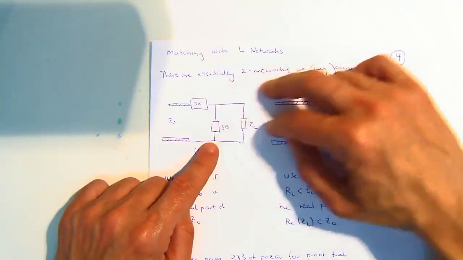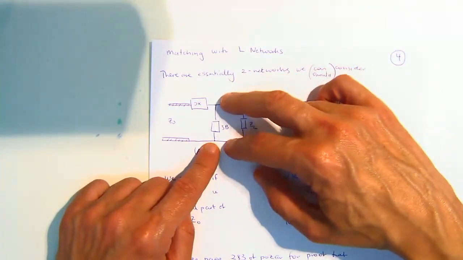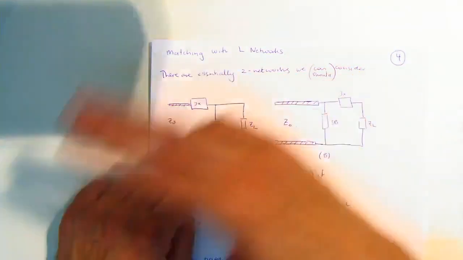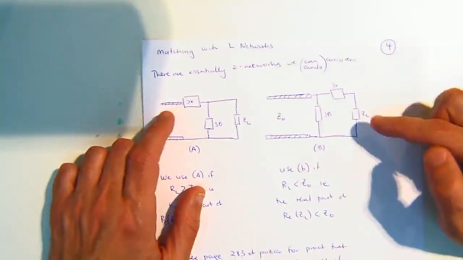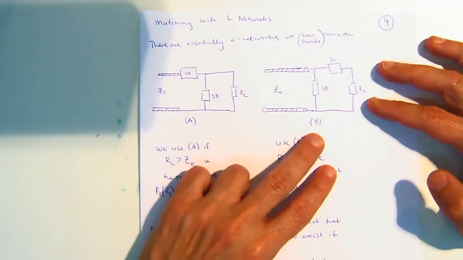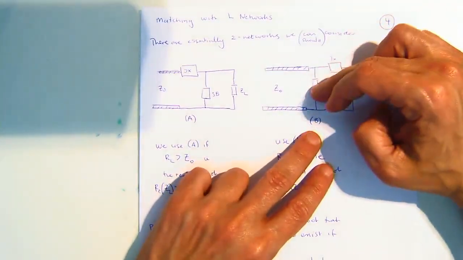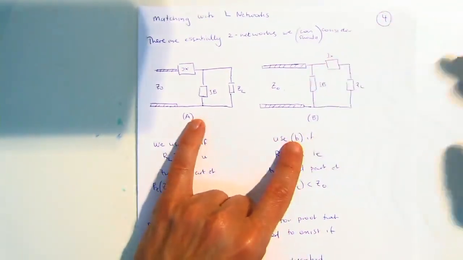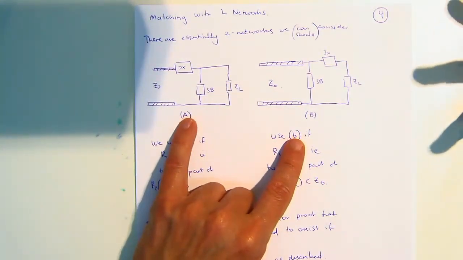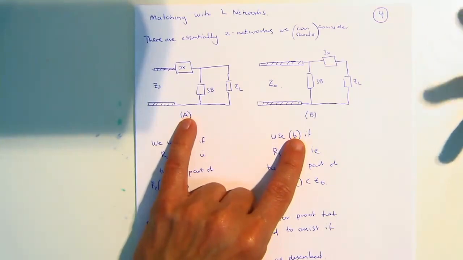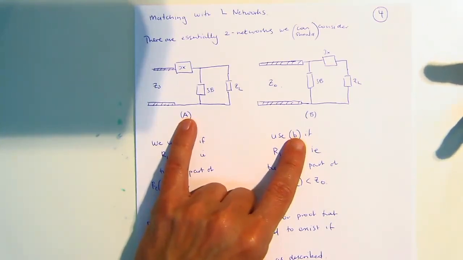If they're lumped, I can even just have it immediately across the load, or it can be some distance away. And then I've got a series susceptance, whereas in circuit B, I've got series and then shunt. So there are two potential options. If I can add a series and a shunt element, there are two possible circuits that I can draw.